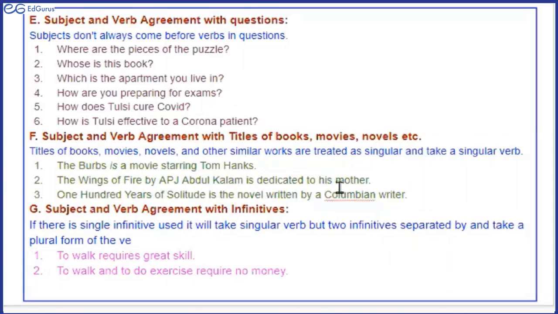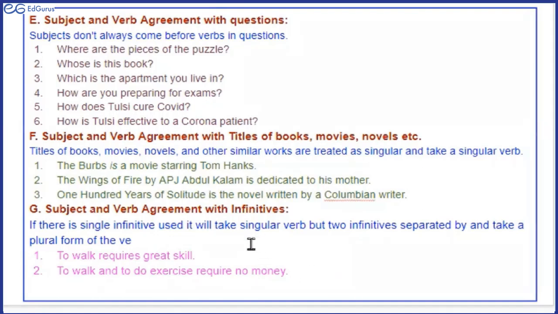So a singular verb is used here. 100 Years of Solitude is the novel written by a Colombian writer. 100 Years of Solitude is the title of the novel. So this is singular number. That's why a singular verb is used here. Is that clear? Yes, ma'am.